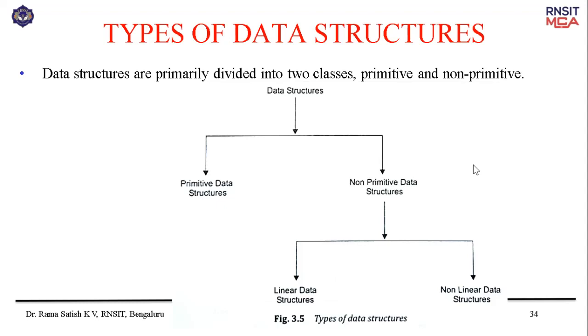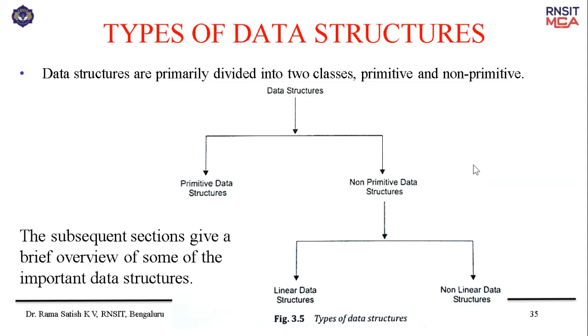We discussed that data structures are divided into primitive data structures. Primitive data structures are those which have the primary data elements, like integer, character, float, boolean, etc. Non-primitive data structures are derived data structures from the primitive data structures.